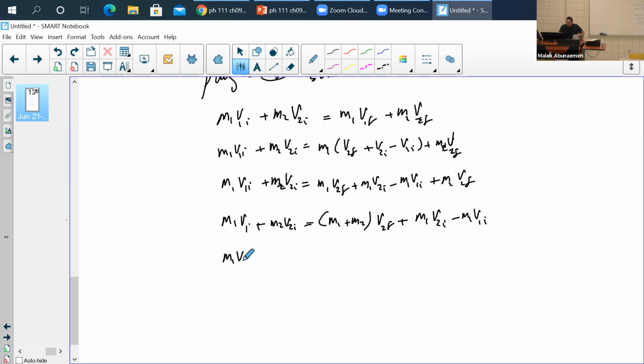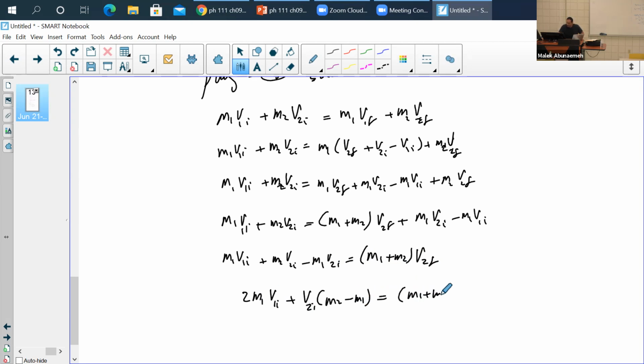So your M1 V1 initial plus M2 V2 initial, and let's just take the two initial terms over there. So what you're gonna have, minus M1 V2 initial, is gonna equal your M1 plus M2 V2 final. That means 2M1 V1 initial plus V2 initial times (M2 minus M1) is gonna have to equal M1 plus M2 times V2 final.